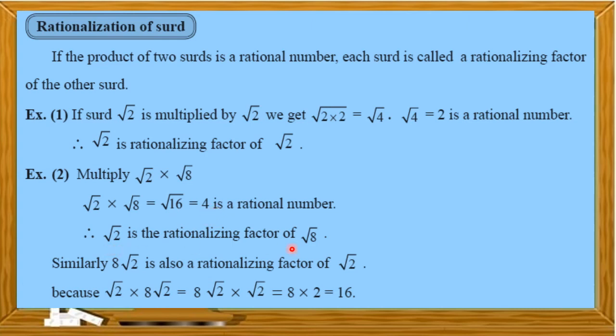After multiplying the two surds, if we get the rational number, then the number is called the rationalizing factor of the other. Similarly, root 8 is also the rationalizing factor of root 2, because root 2 into root 8 is equal to root 16, which is 4. In this way, after multiplication of the two surds, if we get the rational number, then the surds are called the rationalizing factor of each other.